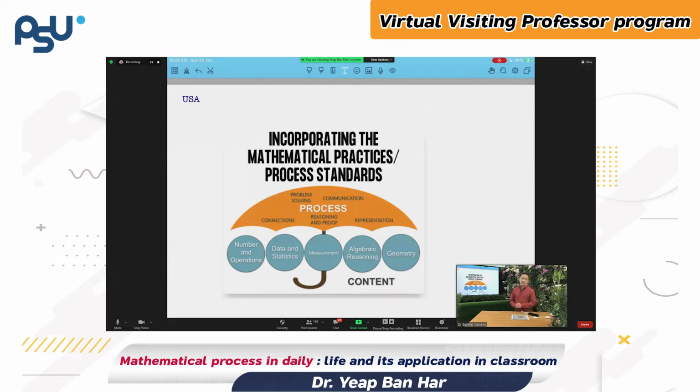This one is from the United States of America, in the Common Core State Standards. That's their standards, that's their curriculum. In the Common Core State Standards, they have this thing called the content standards. Content standards will tell the teachers what students need to learn, and then there are the process standards, which tell teachers what processes students need to have.